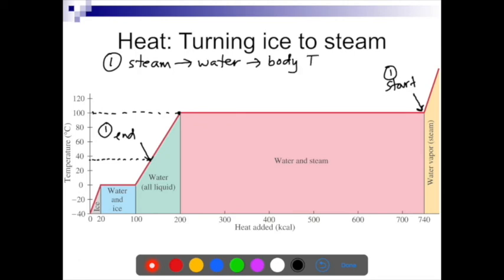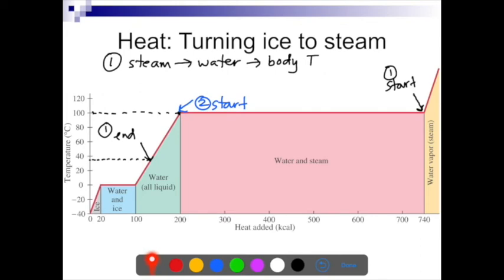So the first scenario is you start with steam cooling down to water and cooling down to body temperature. Okay. The second scenario is when you start with just water at 100 degrees Celsius, boiling temperature. So that means you're starting from this point. So this is the starting point for the second scenario, where you start from boiling water at 100 degrees Celsius.